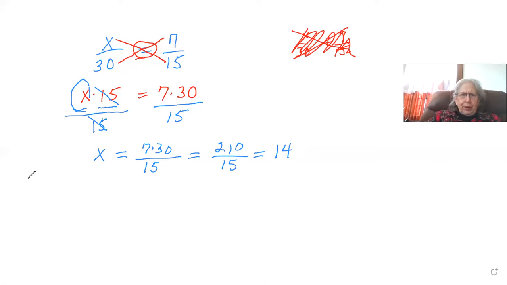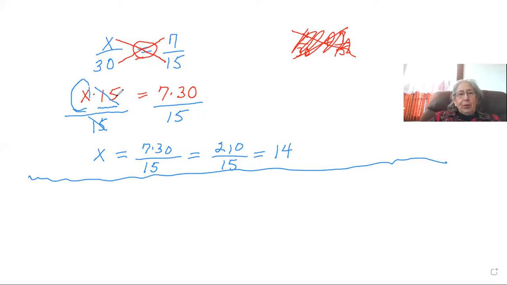Pretty straightforward. Step 1, cross multiply across the equal sign. Step 2, cancel and get your x alone. And then simplify the expression on the right and find out what it is.